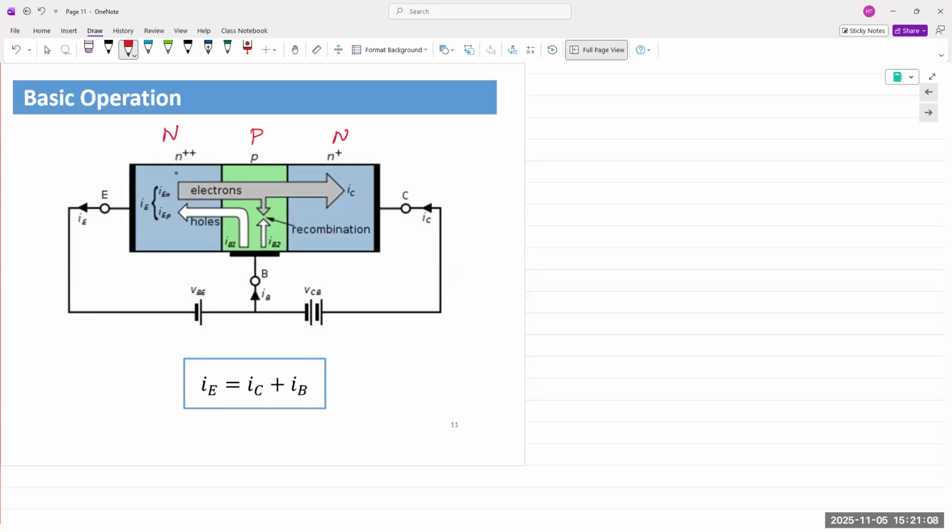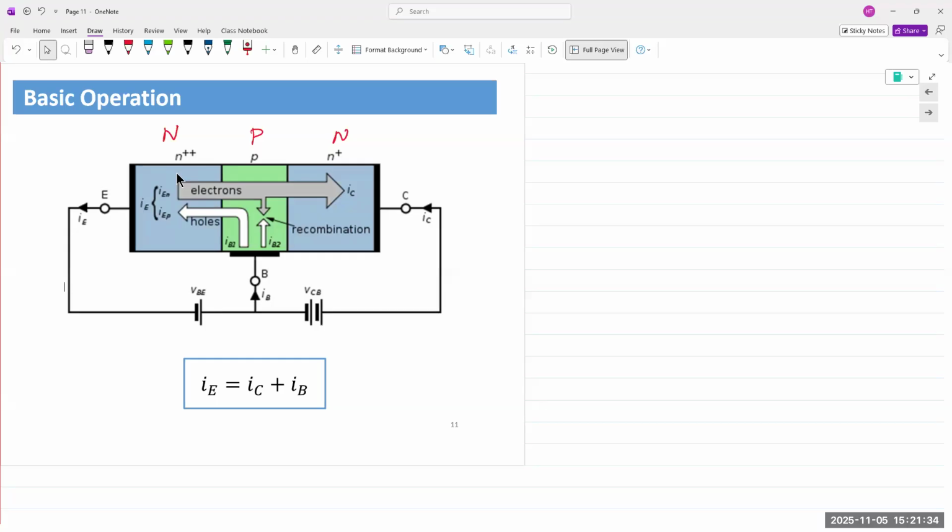The operation remains the exact same for PNP, except holes and electrons are interchanged. So all of the action begins in the emitter. The emitter is very heavily doped. It has a plethora of electrons, right? Huge numbers of free charge carriers. In an NPN transistor, it's electrons. In a PNP transistor, it's holes.